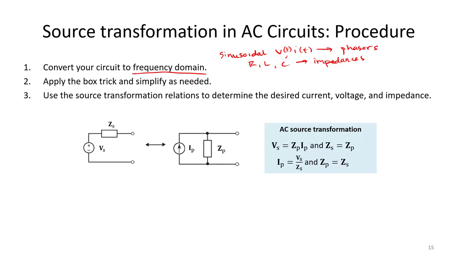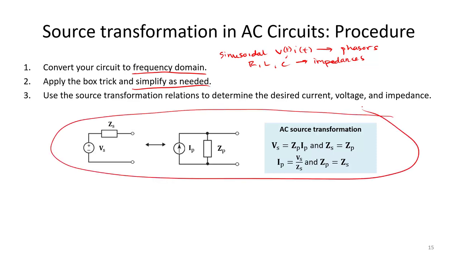Then, if needed, we apply our box trick and simplify. And finally, all we need to do is use our same source transformation relations to determine the desired current, voltage, and impedance.